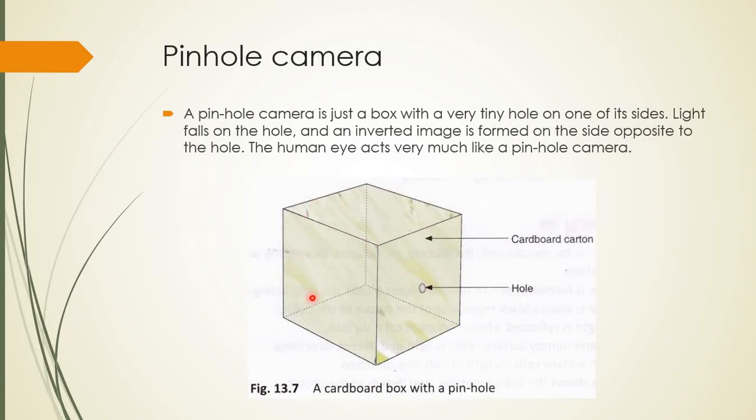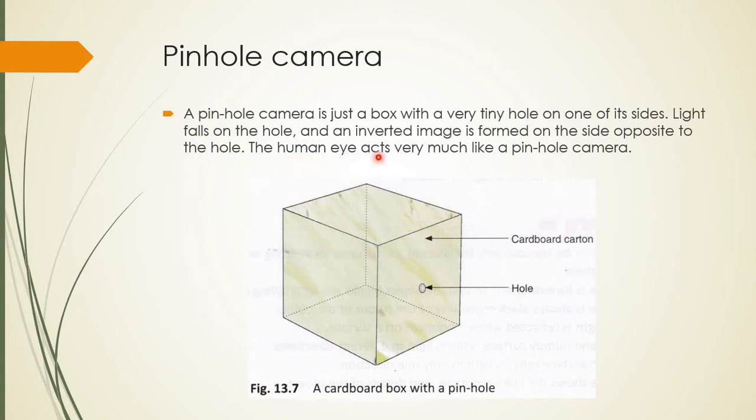The side just opposite to the hole acts as a screen, and here the image will be formed, and the image will be inverted in nature. Inverted means the top of the object appears at the bottom and the bottom of the object appears at the top on the image, and that type of image is known as an inverted image.